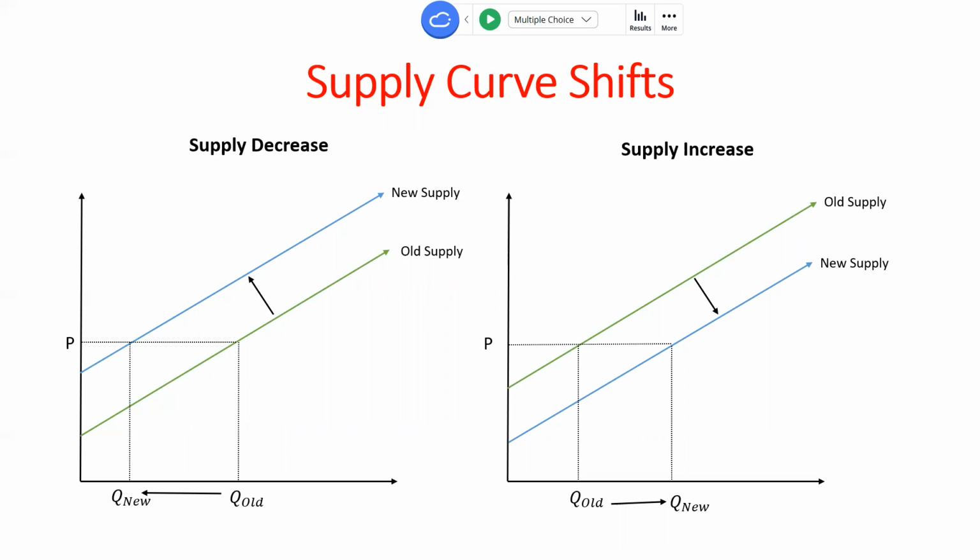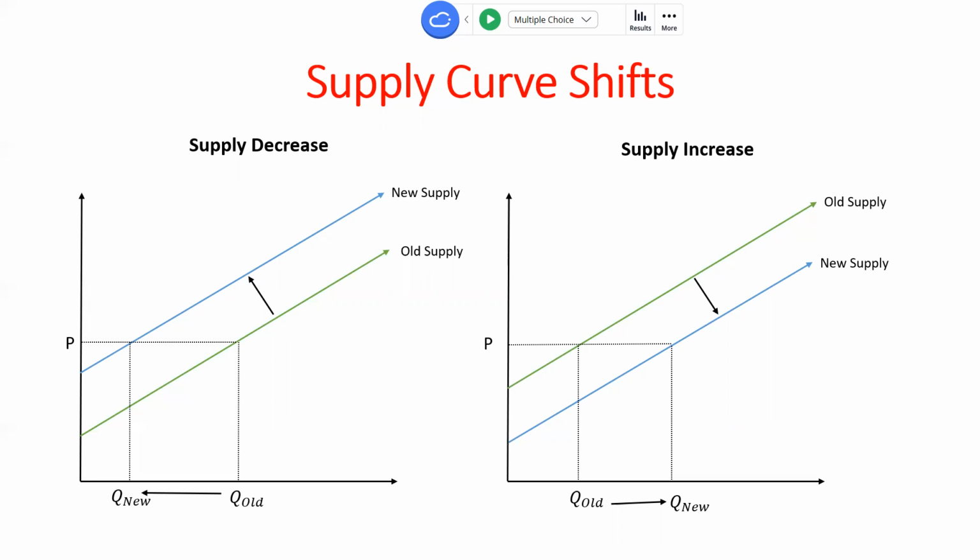If I have fewer suppliers, given the same exact price, whatever the price is, 5, 10, and we keep it the same, a decrease in supply represents that at that same price, we see a much smaller quantity supplied. And that's going to be true at any given price, at any point on that y-axis.